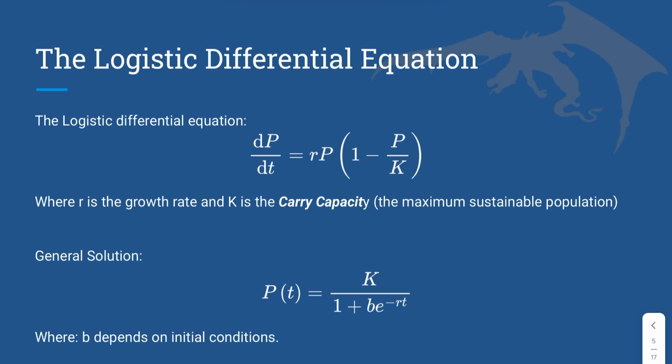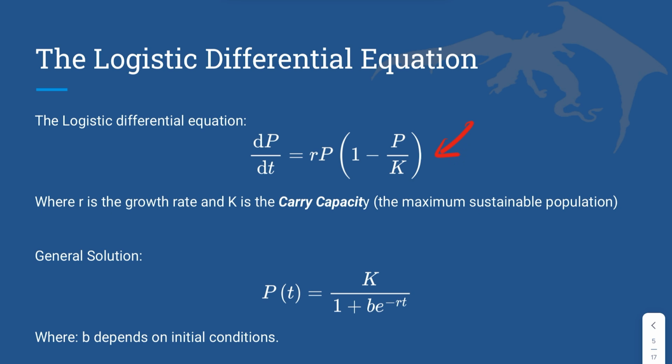Now, the logistic differential equation is as follows below. It's dP/dt equals r times P times (1 minus P over K), where r is the growth rate and K is the carrying capacity.